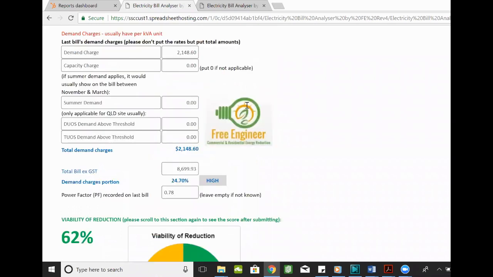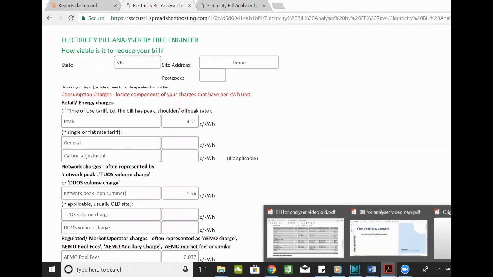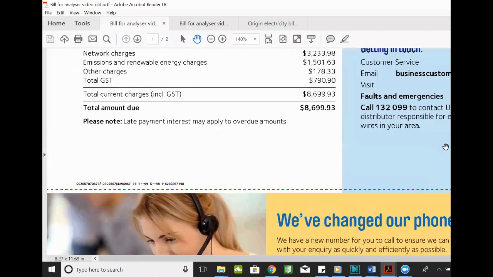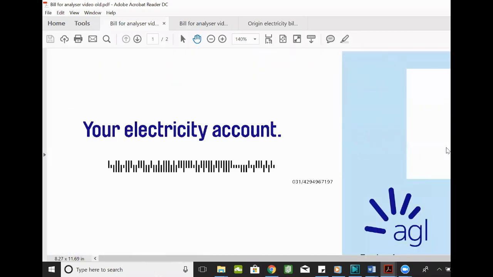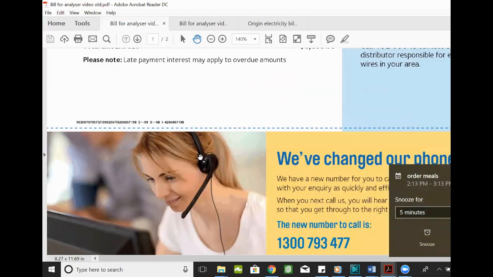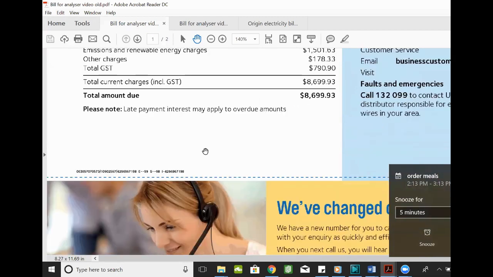Now, can I just start off with a simple, quick example here? I'll show you an anonymous bill. This is actually a real bill for one of the sites, without any details, obviously. That's the first page of a typical electricity bill for commercial or industrial sites.